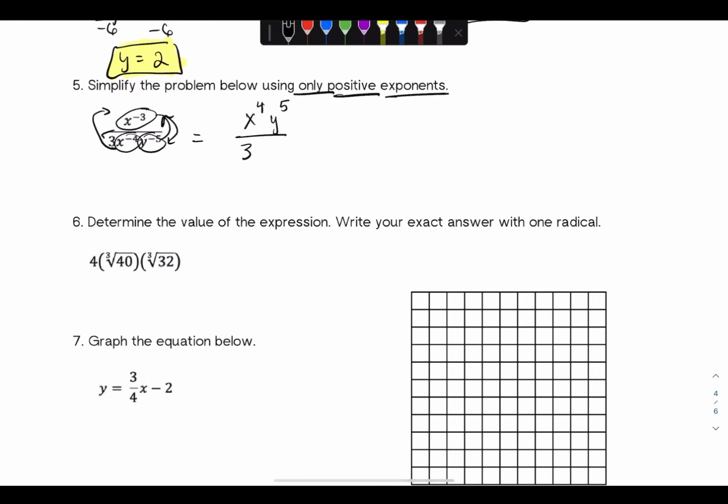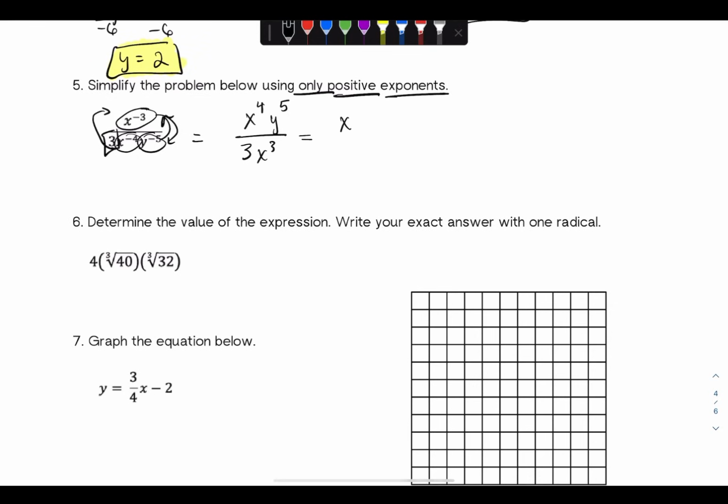The 3 down here, that didn't move at all. And then we have x to the 3rd power there. So now we can still simplify this because we have x to the 4th in the numerator, x to the 3rd in the denominator. And so we can simplify x times x times x. And basically we're going to be taking away 3 x's from the x to the 4th.